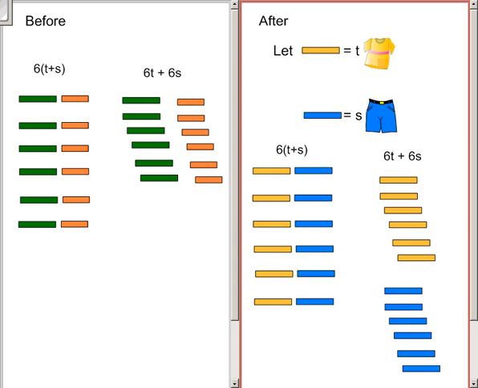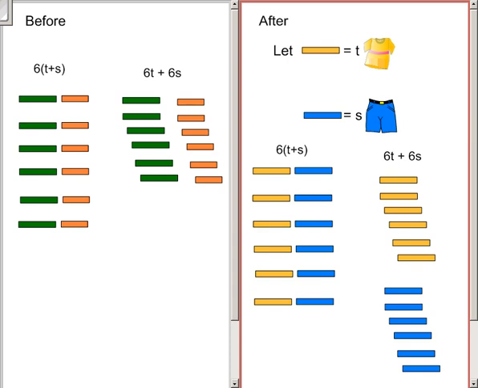Before, we had 6 multiplied by t plus s in the brackets, and we were just comparing how it was similar after you distribute the 6 to both the t and the s. We had it in green and red.